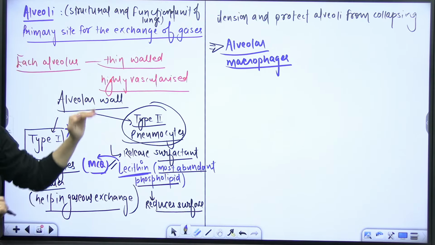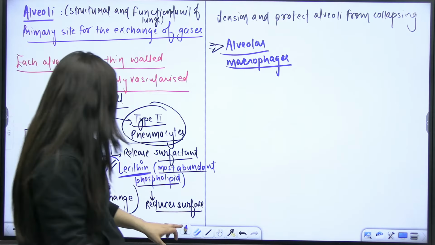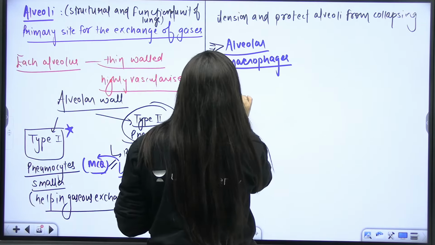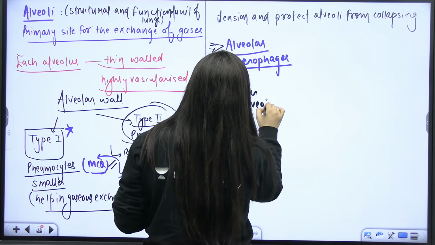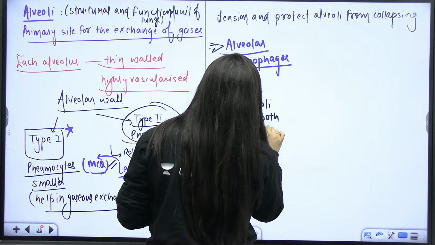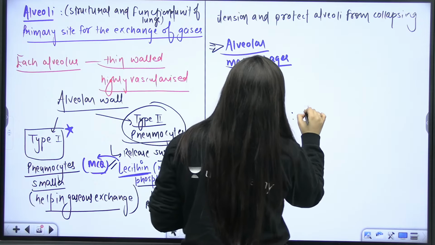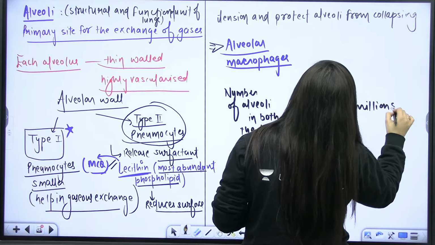And when we talk about the alveoli, we know it very well that it is the primary site. Is that clear? So if I talk about the number, as per NCERT, the number of alveoli in both the lungs is around 300 to 400 million.